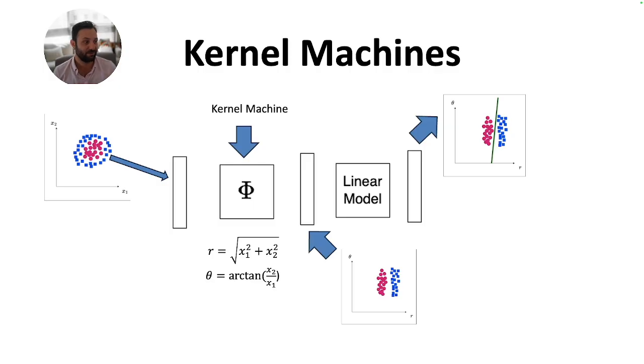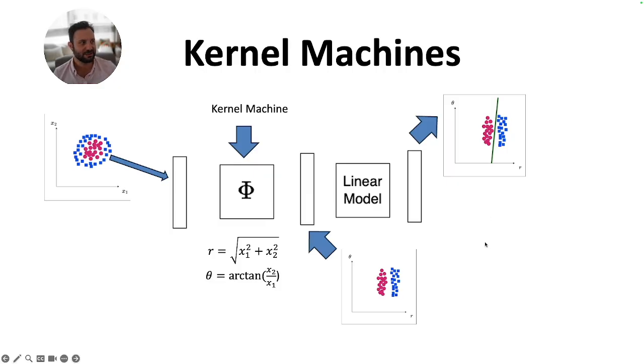From the R point of view, obviously the radius from the origin of the cancer samples is small, and the theta changes similarly. We actually do not need the theta dimension at all, and the linear model does its magic to separate. So that's all good, and that's one famous example that's typically given when introducing the kernel machines.